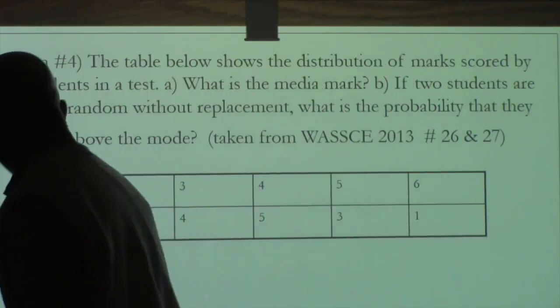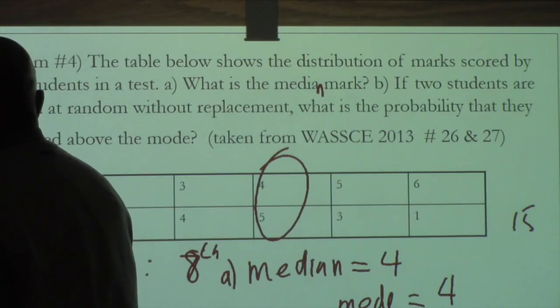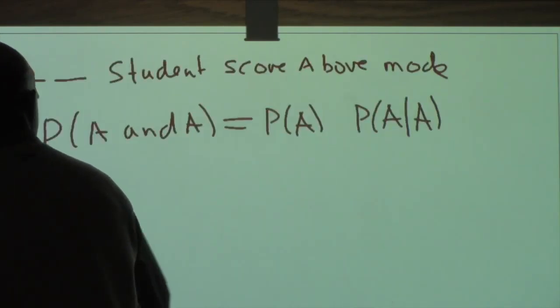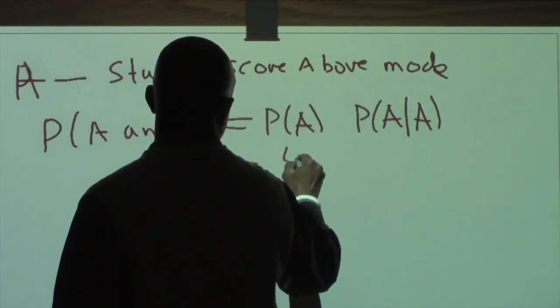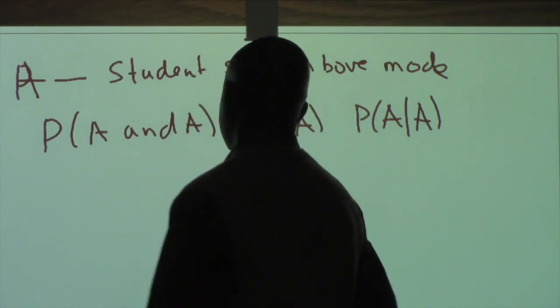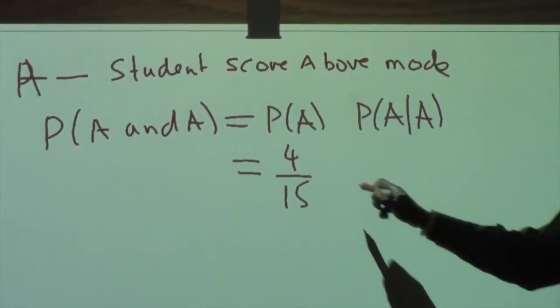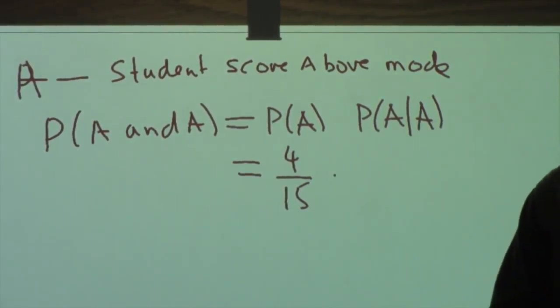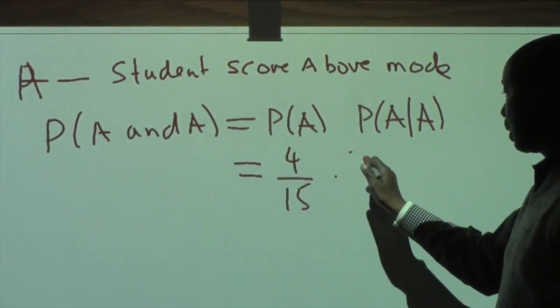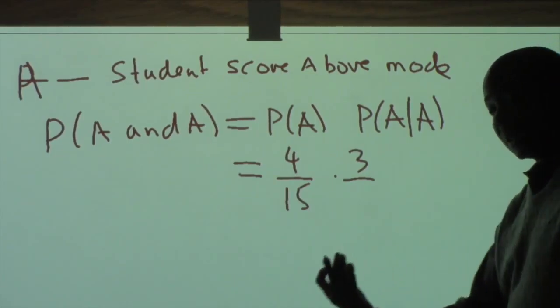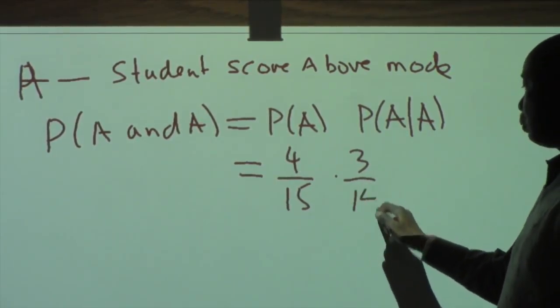Now, the probability of A initially will be 4 out of 15. Now, we're doing this without replacement. So the next time you are taking one person who scored above the mode, you are left with 3, and the number you are taking from now will be 14.